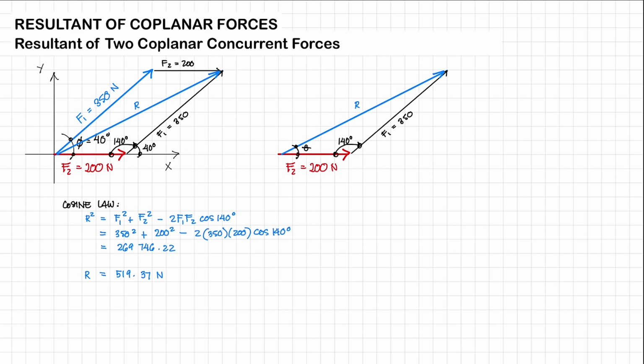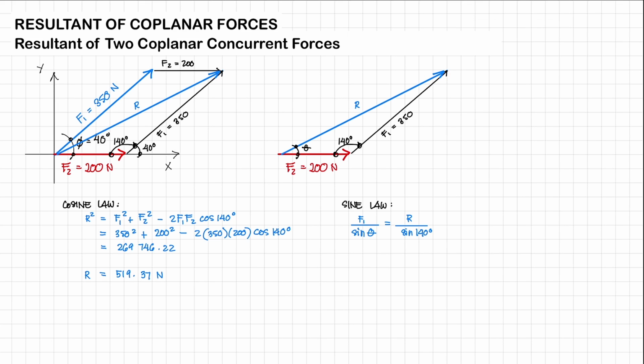So next, to solve for the direction of our resultant, we're going to be using our sine law. So for sine law, we're going to be using F1 over sine theta, and that should be equal to our resultant over sine 140 degrees.